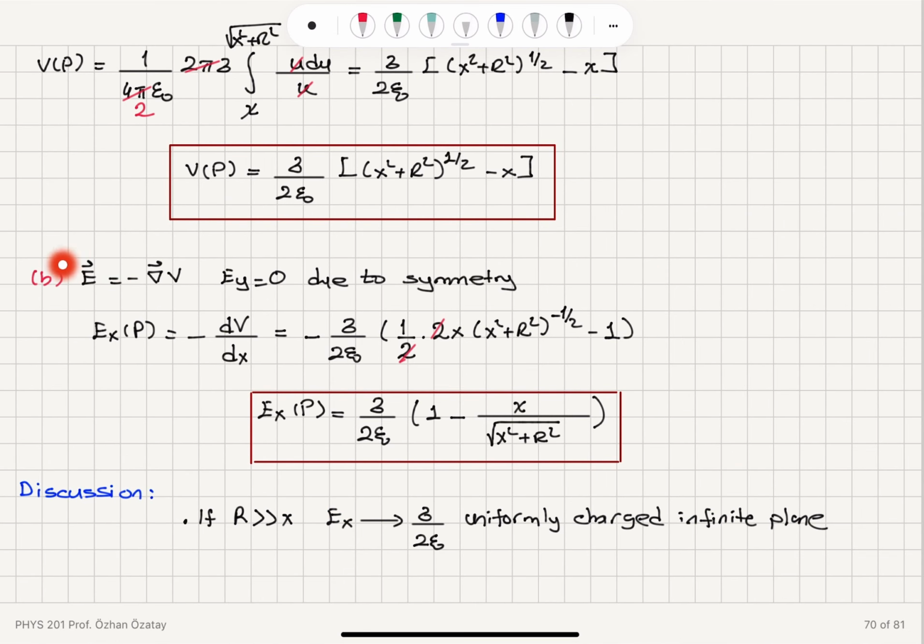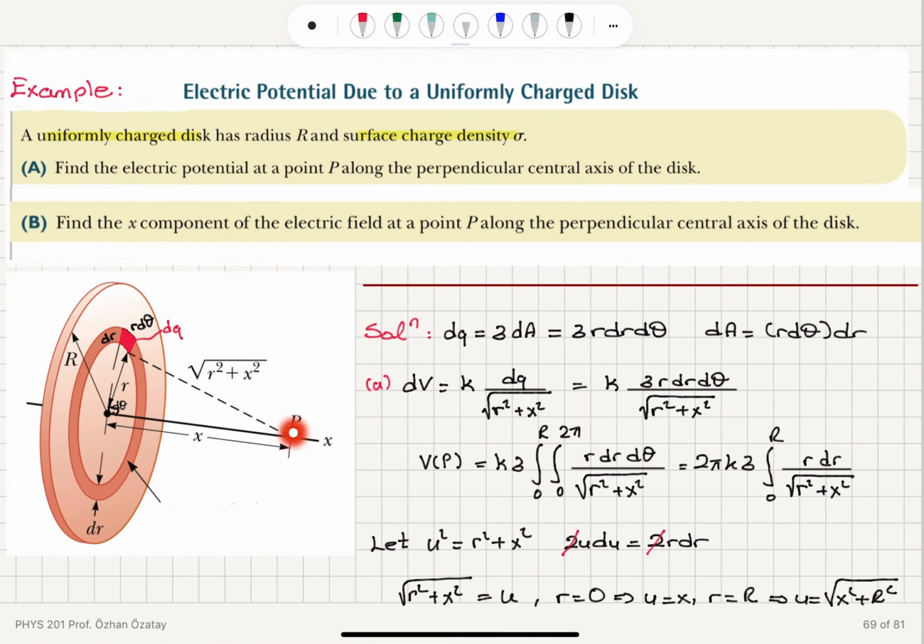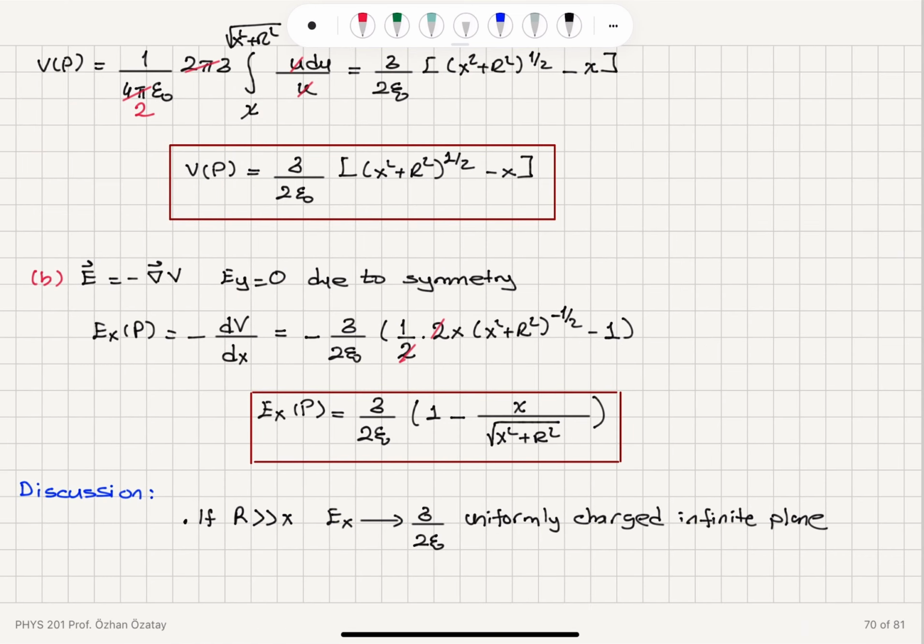In order to find the x component of the electric field, we remember the electric field is related to the potential as minus the gradient of the potential. The y component of the electric field at this point cancels from symmetric contributions on each ring that I consider here. So the x component is minus dV/dx.